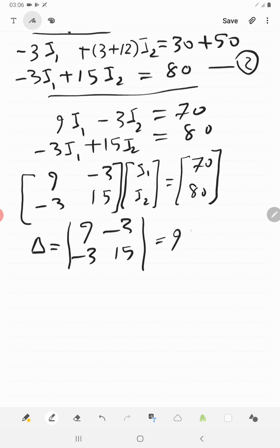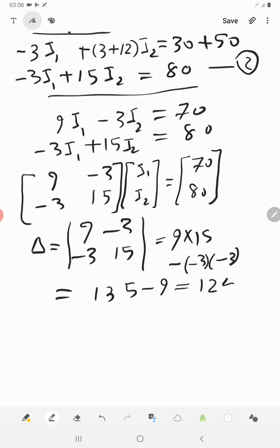So this will be 9 times 15 minus minus 3 times minus 3. 9 times 15 is 135, minus 9, so it will be 126. Right? And then we find delta 1.